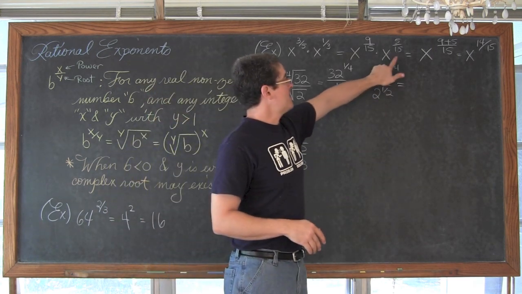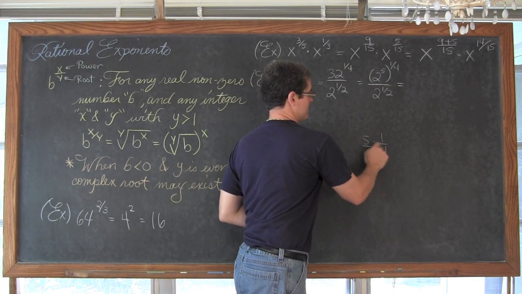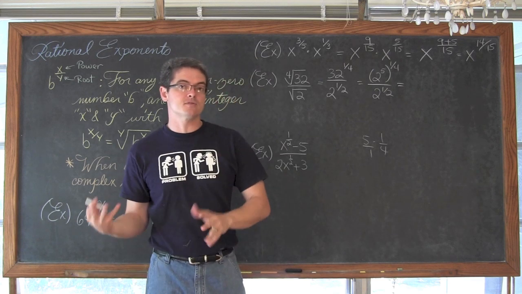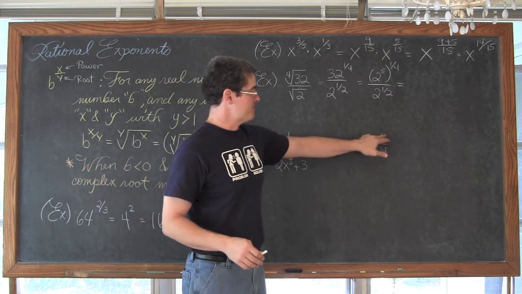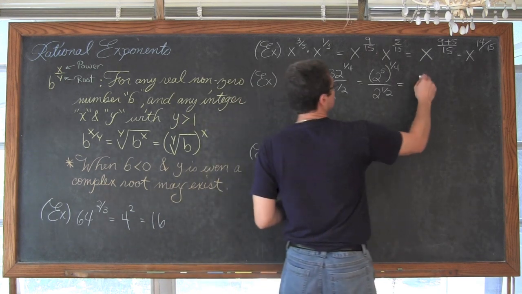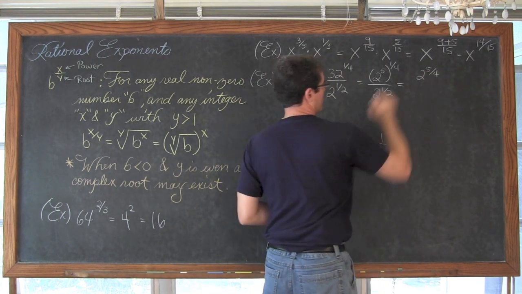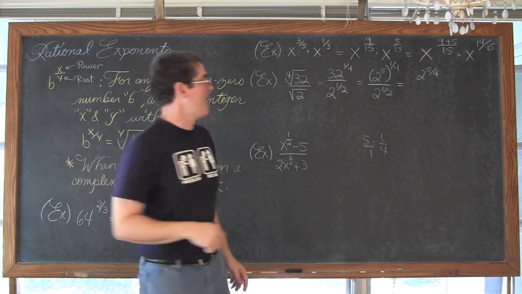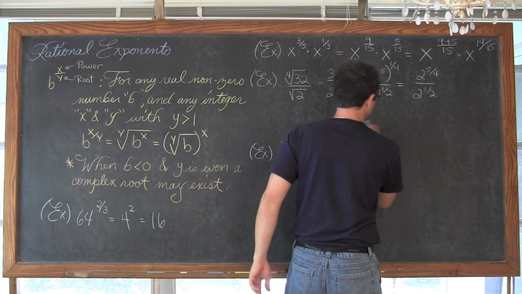So 5 times 1/4. Let's not forget that when we multiply fractions, we don't need common denominators, just go across the top. So it becomes 5 times 1 is 5, and then 1 times 4 is 4, so it's 2 to the 5/4 power over 2 to the 1/2 power.